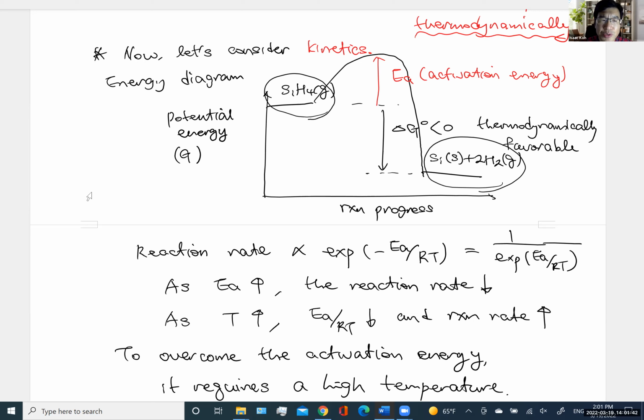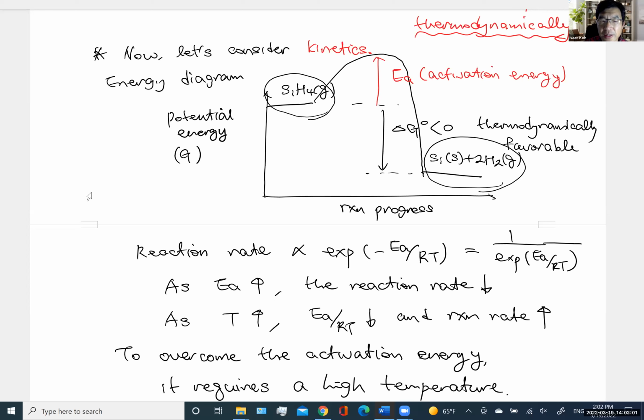The Arrhenius equation tells us about the reaction rate. In the Arrhenius equation, the reaction rate is proportional to exp, meaning exponential, of negative activation energy over RT, which is 1 over exponential of activation energy over RT.